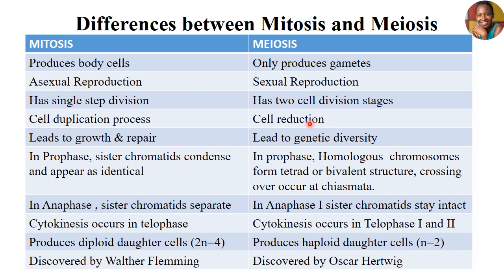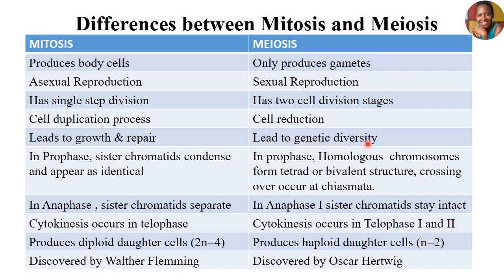So when you do meiosis, we produce fewer chromosomes in the daughter cells compared to mitosis, where we're just duplicating the same number. We're not increasing, we're just duplicating. So if the parent is 46 chromosomes, the daughter cell will also have 46 chromosomes. It's a duplication. But in meiosis we have reduction, where if the parent cell is 46, the daughter cell will give us 23.